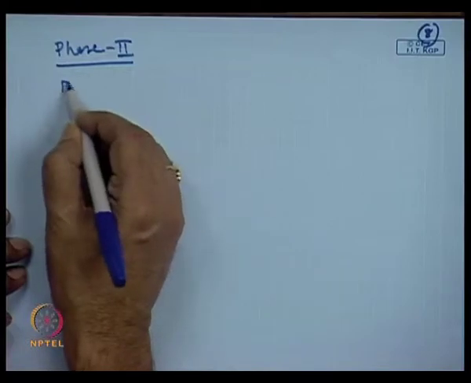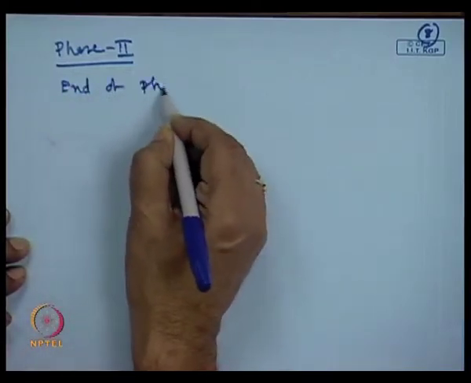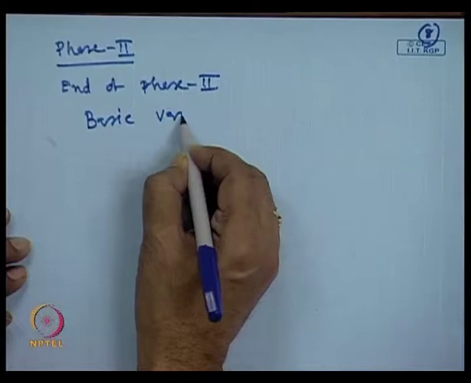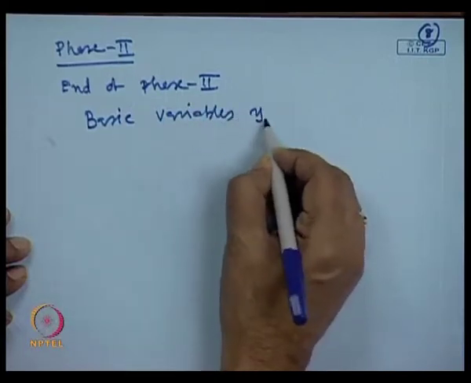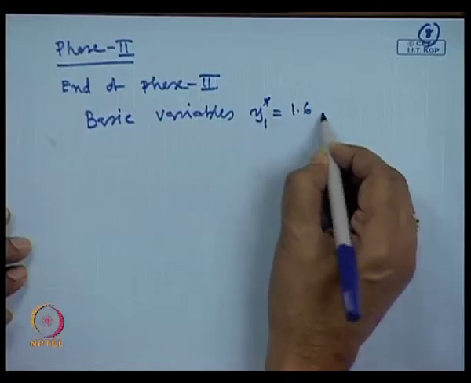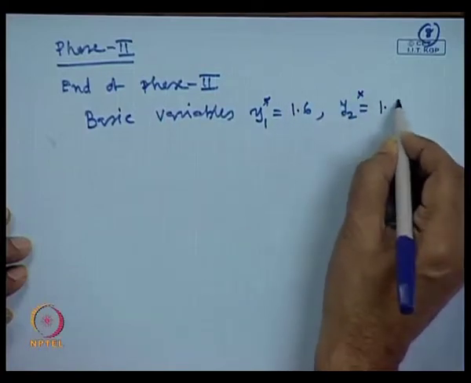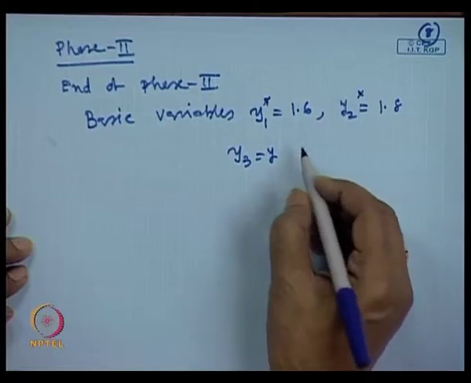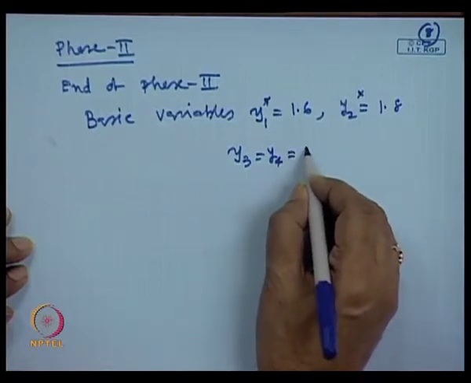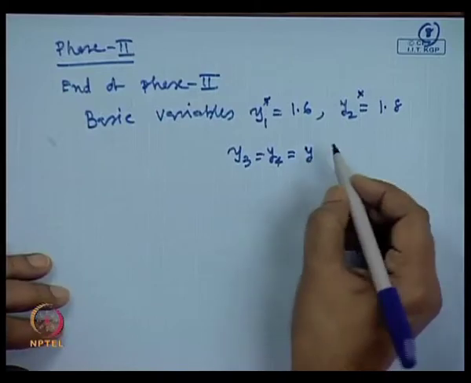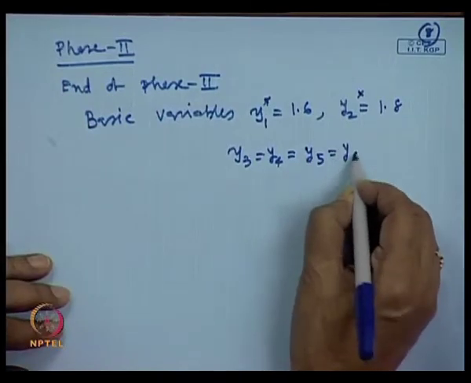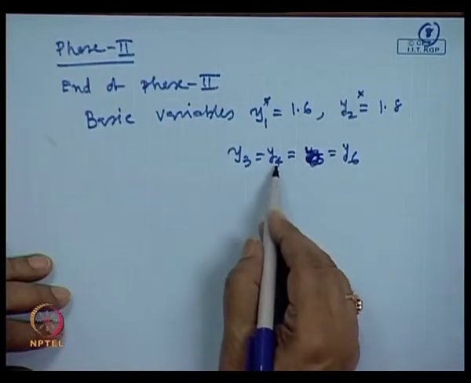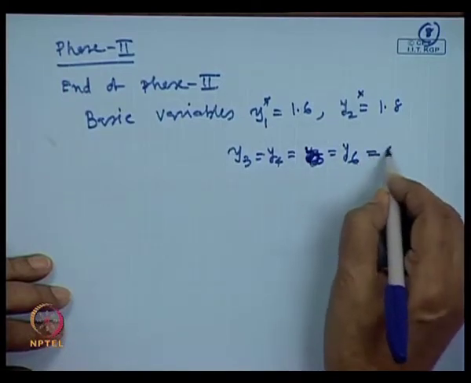So, at the end of phase 2, you will get basic variables y1 star is equal to 1.6, y2 star you will get 1.8, then y3, y4, y6 values will be 0.